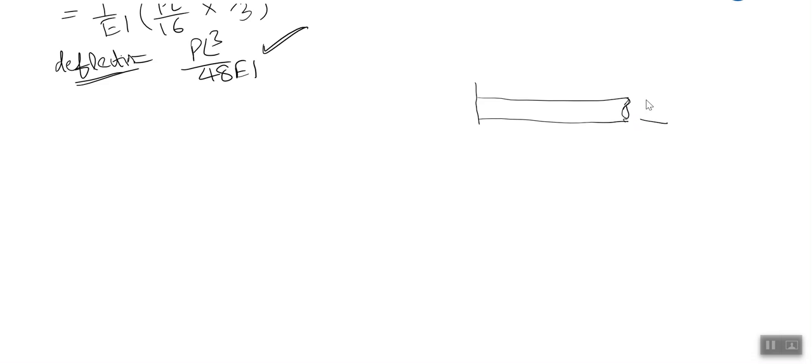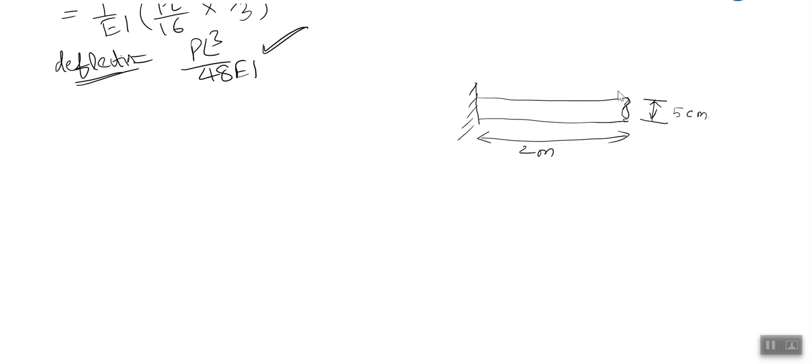Its diameter is 50 mm or 5 centimeters, and its length is some 2 meters. It is made of steel.